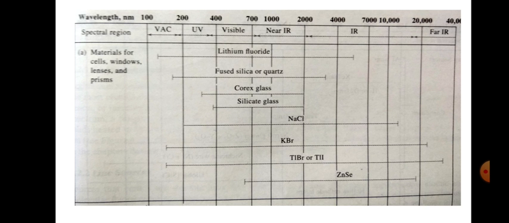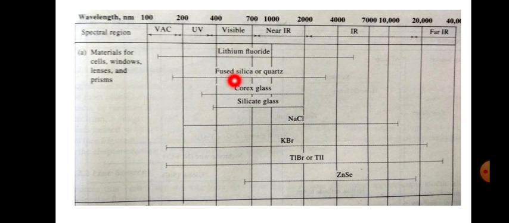So this is the chart cum table which gives an idea about what kind of construction material we can use for constructing the cells or sample holders. When we talk about lithium fluoride, it is transparent in the vacuum UV, UV visible, near IR and even IR to some extent.